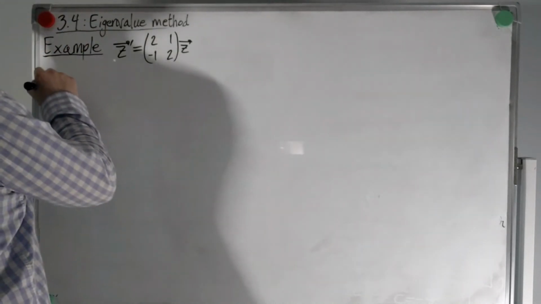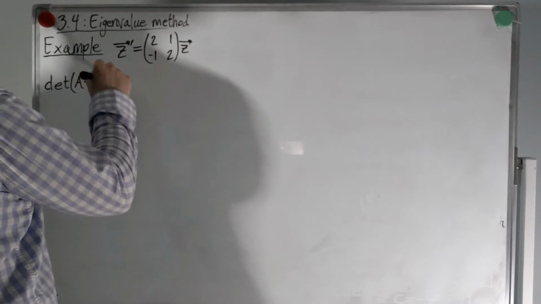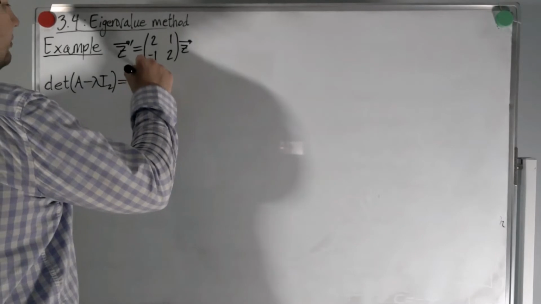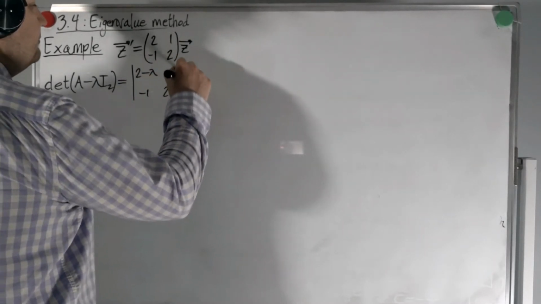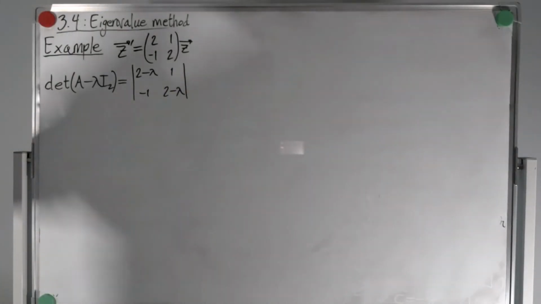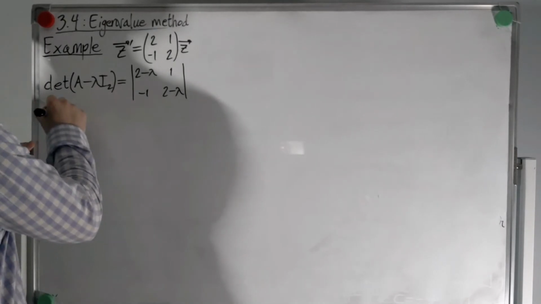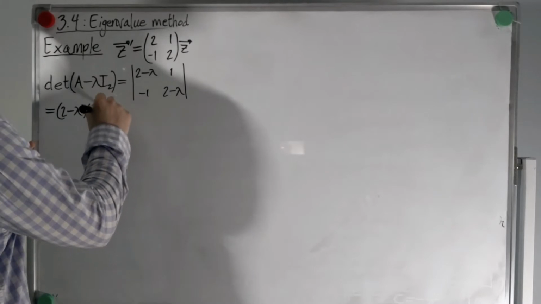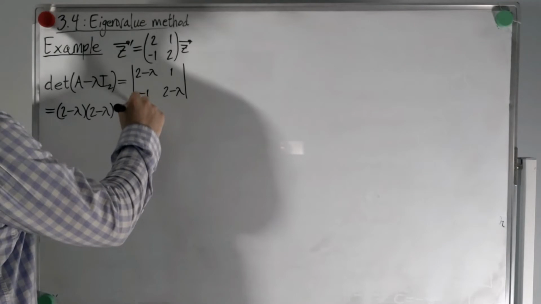So first thing we're going to have to do is find the eigenvalues. That requires the determinant of A minus lambda I2, which in our case is going to be the determinant of 2 minus lambda, 1, negative 1, 2 minus lambda. You multiply through, you get 2 minus lambda times 2 minus lambda minus negative 1 times 1.